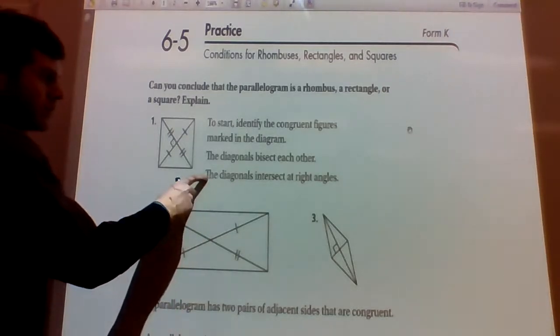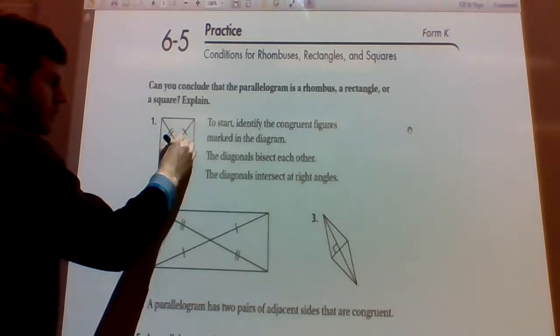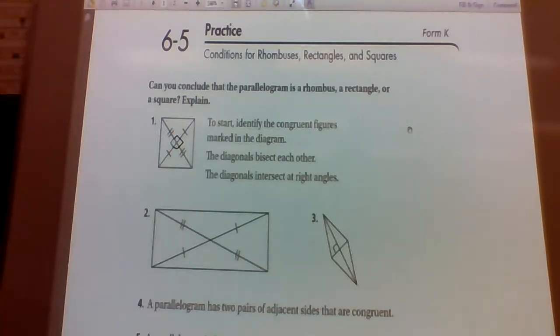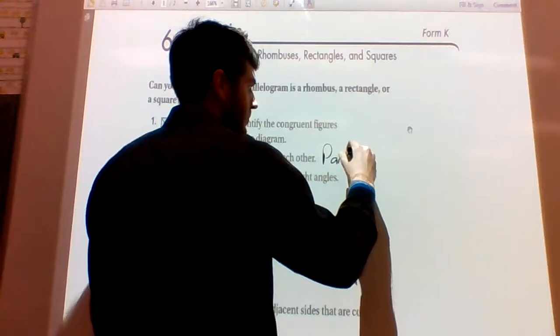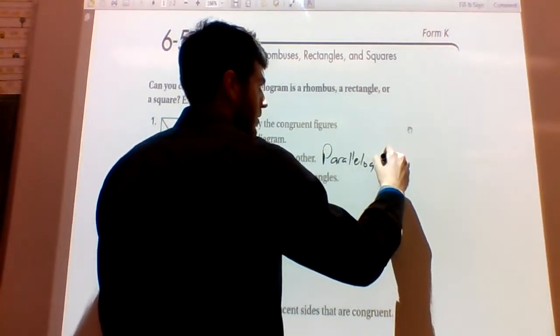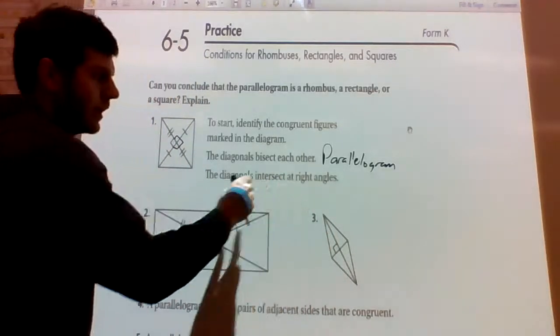And we know the diagonals intersect at right angles. Okay, so if one's a right angle, they're all right angles. Because the diagonals bisect each other, we know that we have a parallelogram. But because we also know the diagonals intersect at right angles, we can say it's going to be a rhombus.